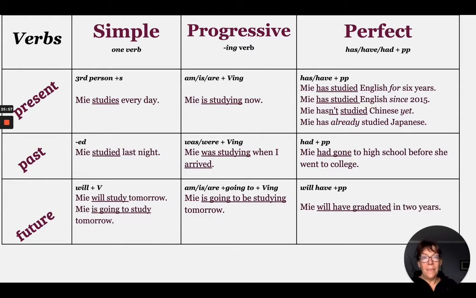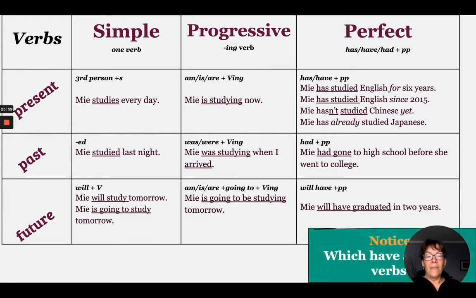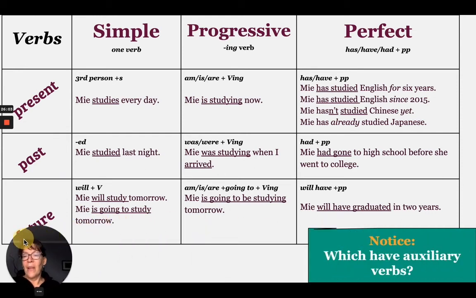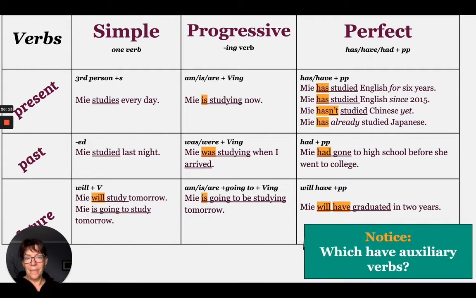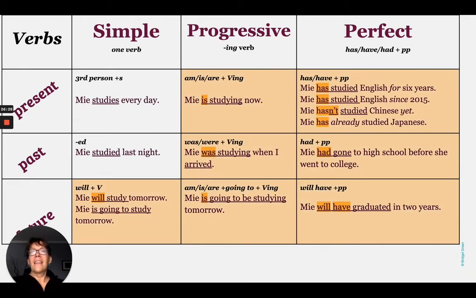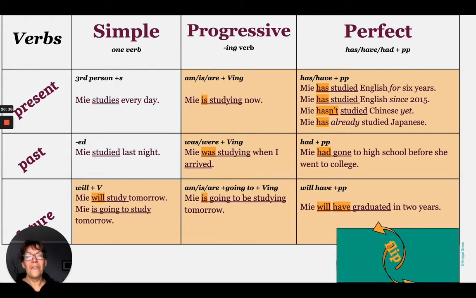Here we are again. We have talked about the auxiliary verbs. When you look at this, notice which have the auxiliary verbs. There they are. That's a lot of auxiliary verbs. Now, how do you make a question with these verbs? You remember, you flip. If you have the auxiliary verb and the subject, you just flip them.